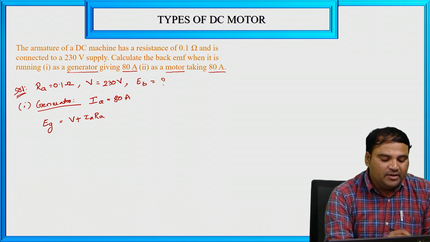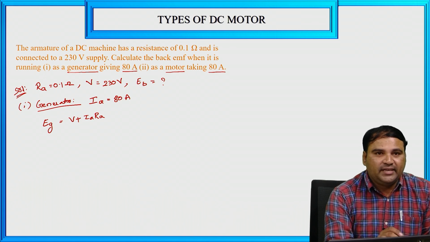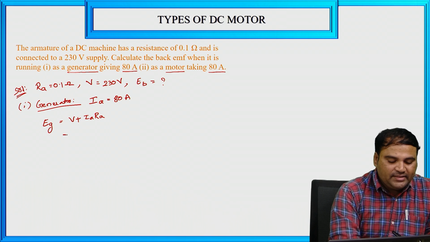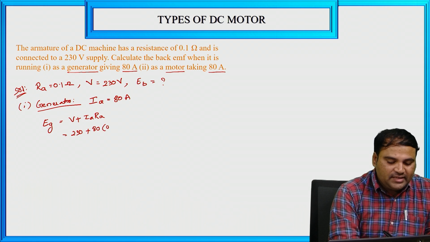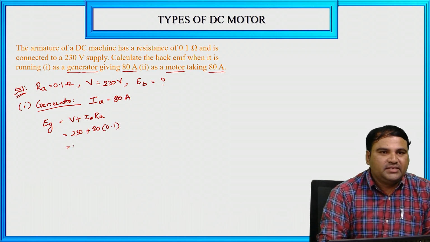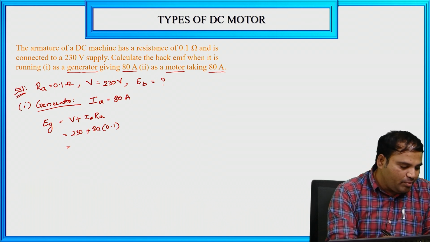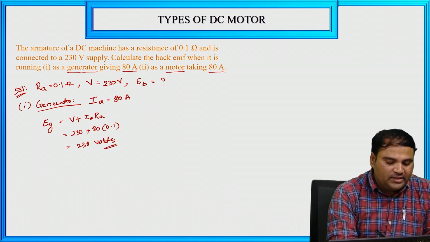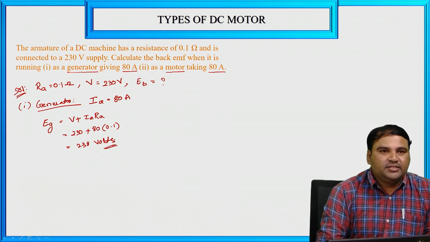So EG, for the shunt wound DC generator, the equation is EG equal to V plus IA RA. Then that is equal to V 230 plus armature current is 80 and armature resistance is 0.1. Now by solving this equation, 230 plus 80 into 0.1 will get 238 volts is the generated voltage of the given DC shunt generator. Right, here is the first bit.